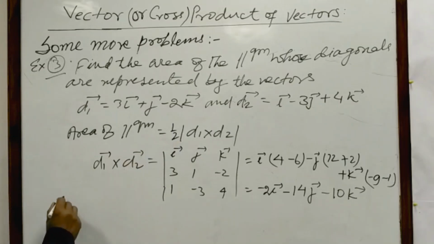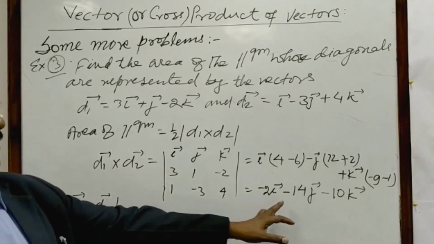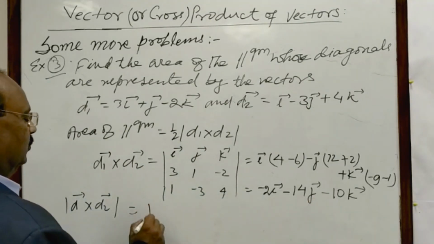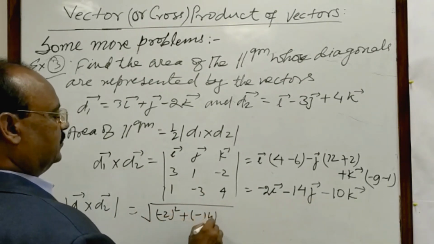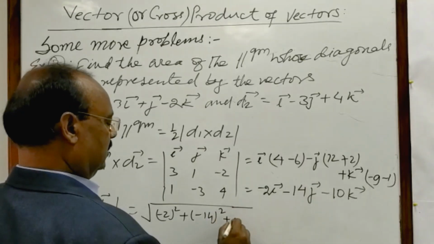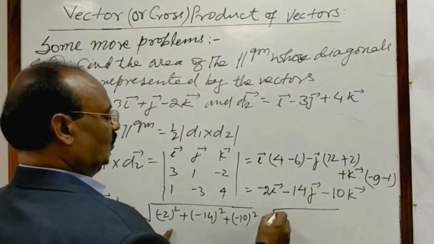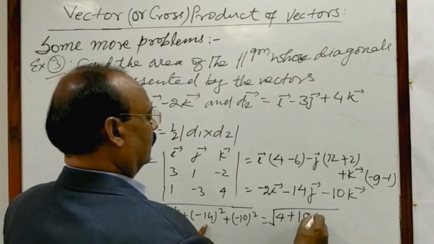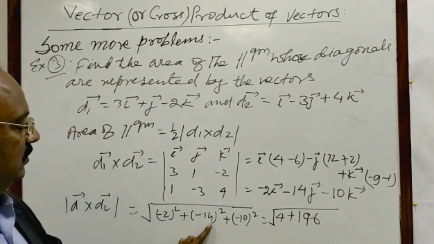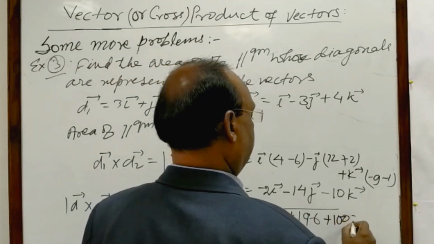Now we can get the required answer with the help of this formula. So let us find the magnitude of D1 cross D2. You know how to get the magnitude of this one. This will be equal to root over minus 2 square plus minus 14 square plus minus 10 square, which is 4 plus 196 plus 100.